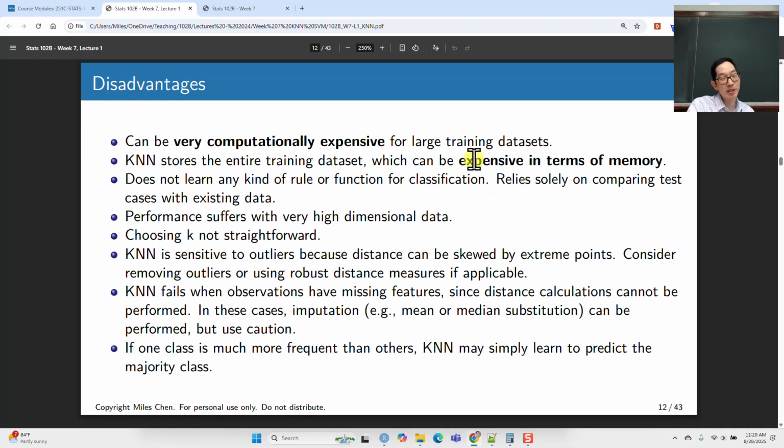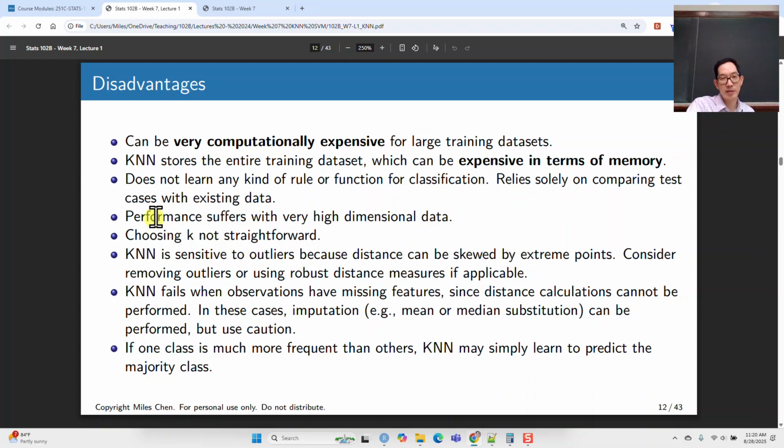Large data sets will take a lot of space and memory. There's no rule to learn. It's just instance-based. Here's the test case, what do we think it is? But there's no rule like, after we learned all of this, anytime x is greater than 7, we're going to classify it a certain way. You don't get any rules based on that.